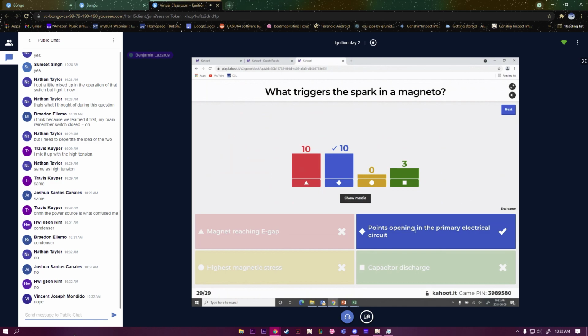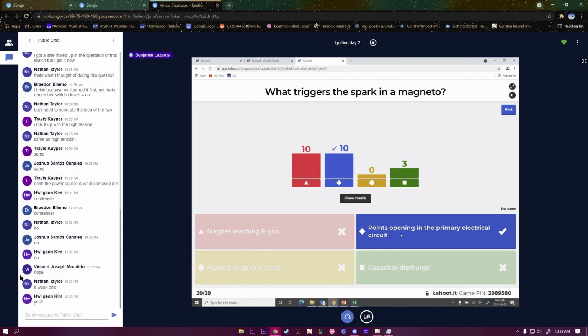No. If we open the points somewhere other than E gap, will we get a spark? A weak one, yes. Nathan's got a great answer there. Yes, we will, but it won't be very strong.